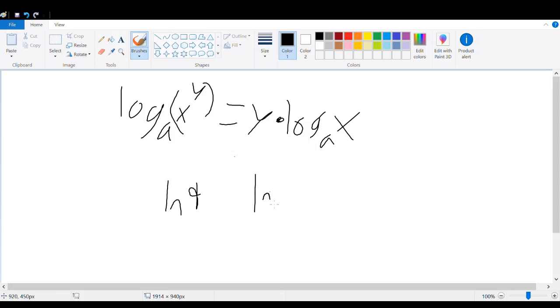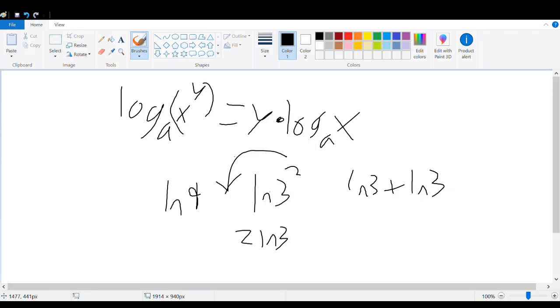You can write ln of 3 squared, bring the 2 in front, 2 ln 3, or you can separate it into ln of 3 times 3, so ln 3 plus, because you separate them, ln 3, which is the same thing as 2 ln 3. So you get the same answer either way.